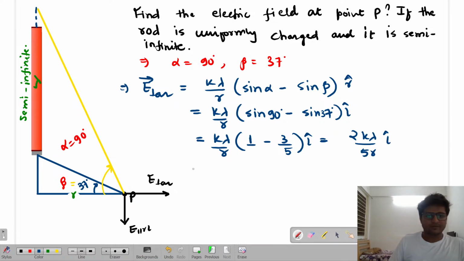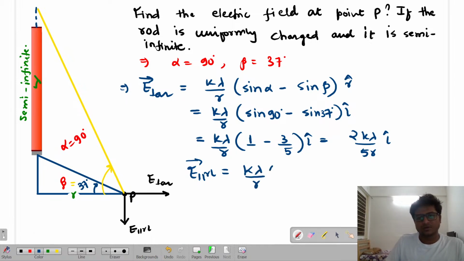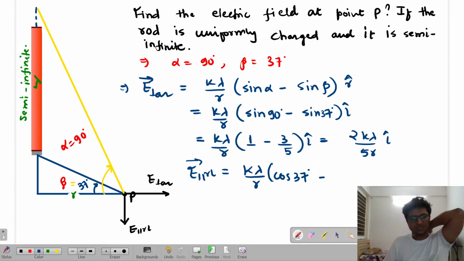If I write E parallel vector, then it will be k lambda by r (cos beta minus cos alpha), isn't it? We write it with r cap.